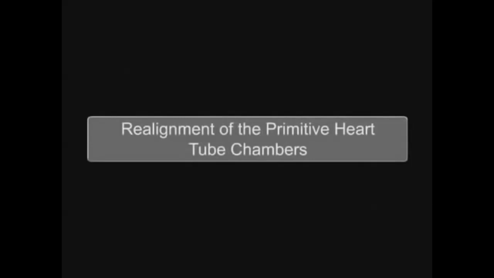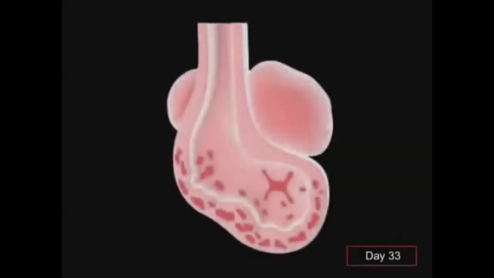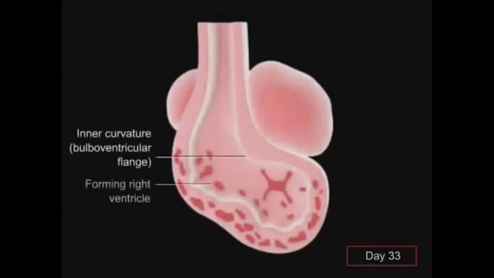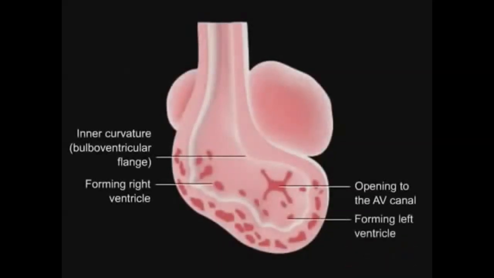And now, the next very important question, realignment of the primitive heart tube. So, due to this process, we can see inside our heart which is cut. We can see inside two curvatures, inner curvature and outer curvature.